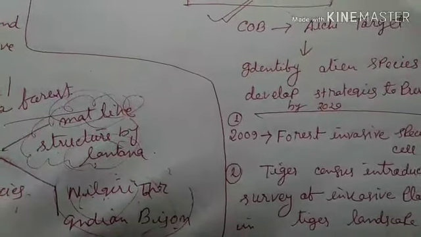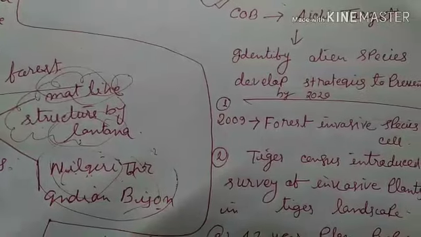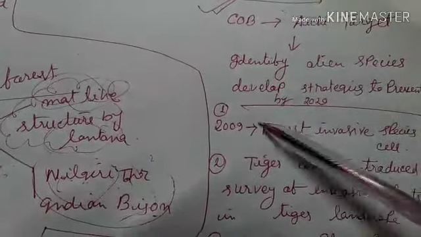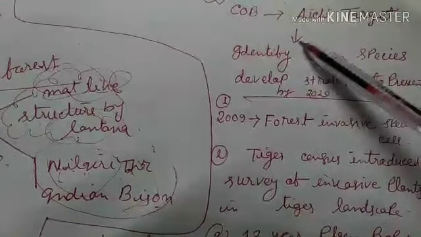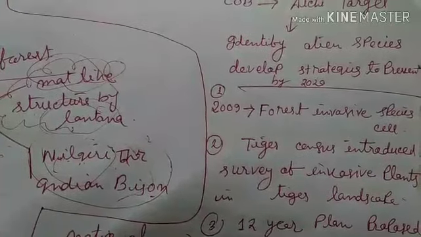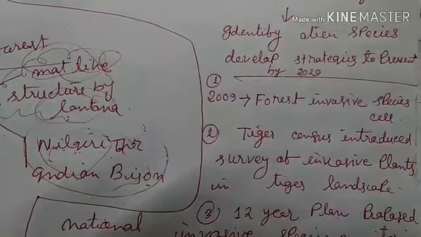Then, in our answer, we have to always show what the solutions are, what the steps of the government of India are to prevent this problem. Under the Convention on Biological Diversity, Aichi target, India has vowed to prevent the growth of this kind of invasive species.